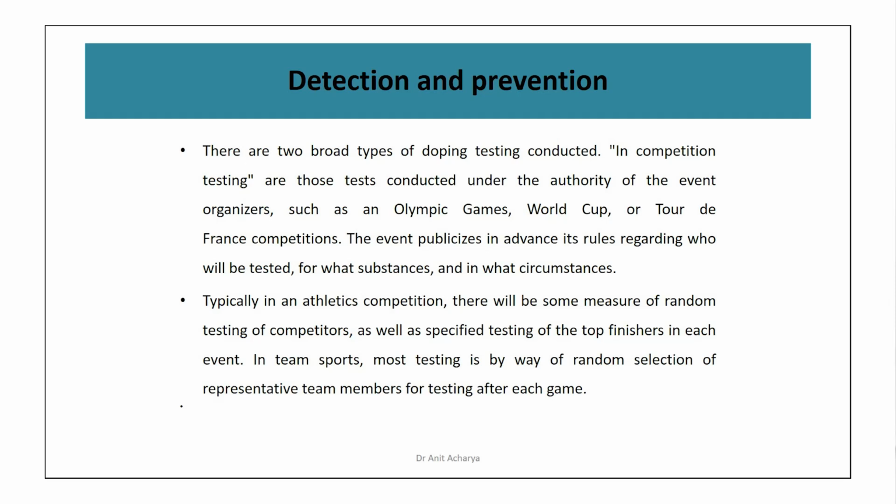Typically, in an athlete's competition, there are some measures that have to be taken. It is a random test as well as a specified test of the top finishers in each event. In team sports, most testing is by random selection of representative team members after each game.